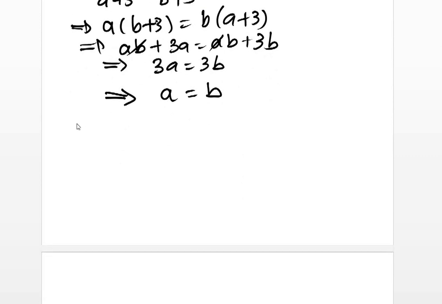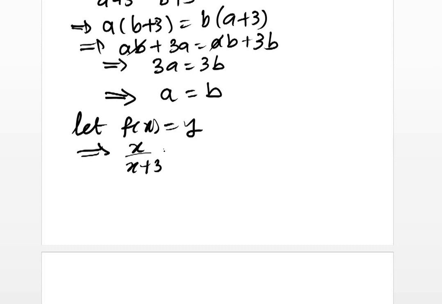To obtain the inverse of F, we let f of x equal y. This implies x over x plus 3 equals y, which implies x equals xy plus 3y. We are making x the subject here.